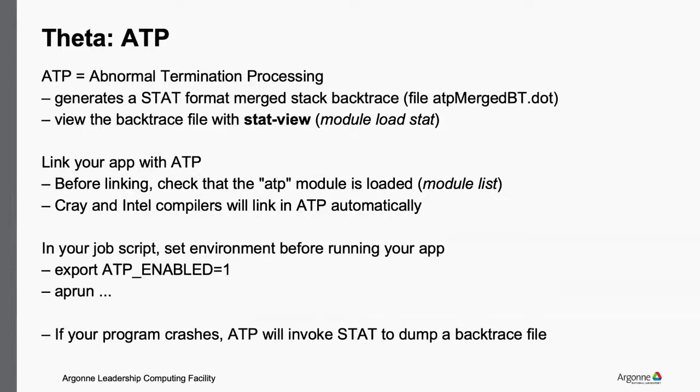So it's just something to check. Then inside of your job script, just set the environment variable ATP_ENABLED equals 1 before you do your app run. Whatever app run you're going to do is the same, but just set this variable before the app run, and that enables this functionality when your program crashes.